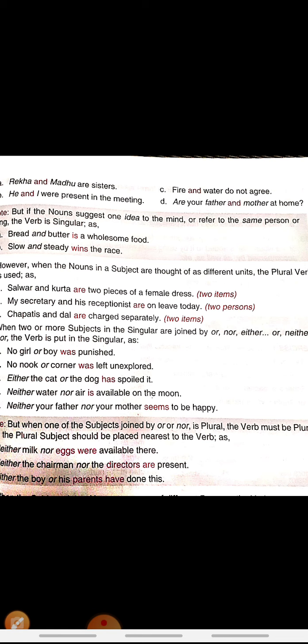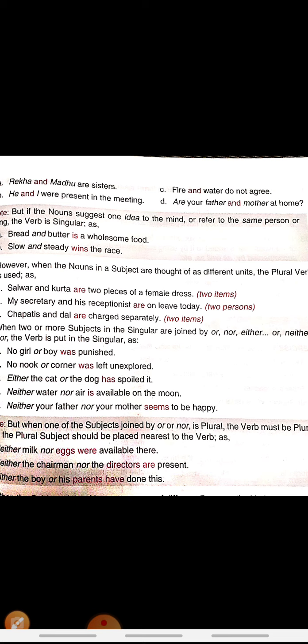We will take a singular verb. No girl or boy was punished. No book, no nook or corner was left unexplored. Either the cat or the dog has spoiled it. Neither water nor air is available in the room.